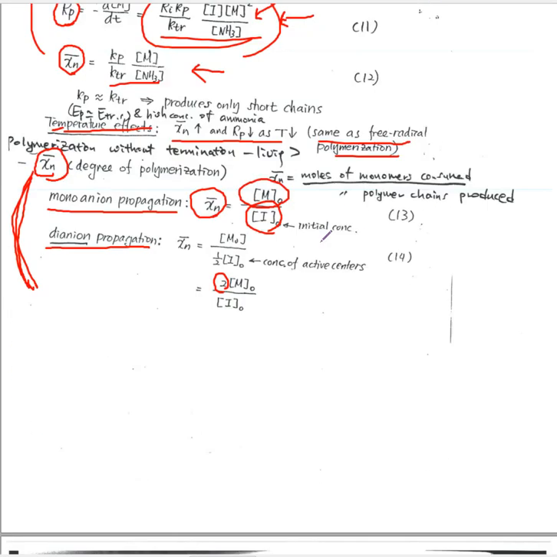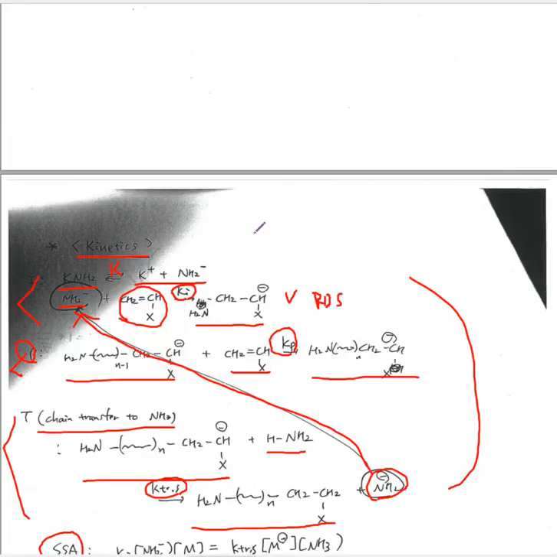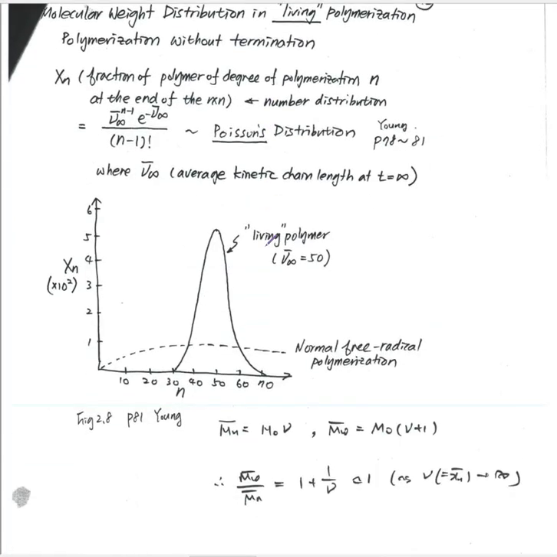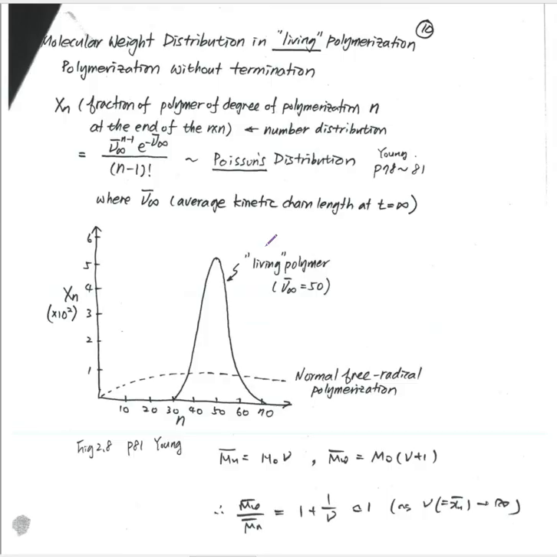Finally, we already mentioned that in anionic polymerization we can achieve almost monodisperse molecular weight distribution. In theory, we will not do the derivation using detailed theory, but if you check the textbook, there is a detailed derivation of this result.